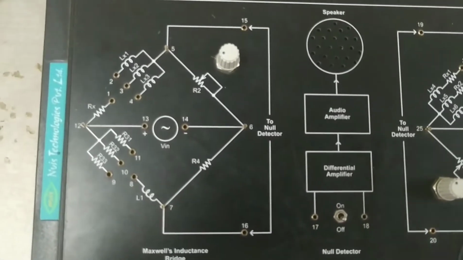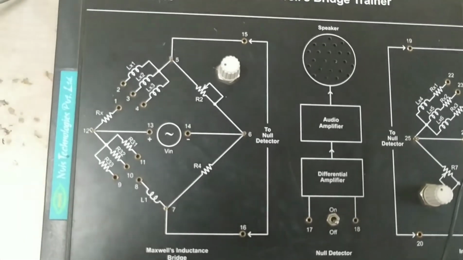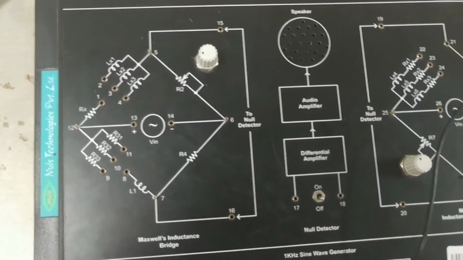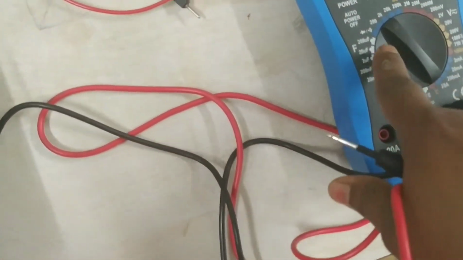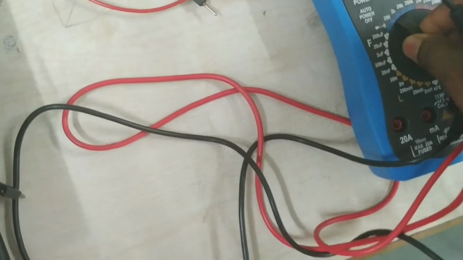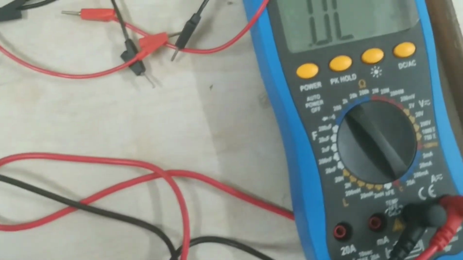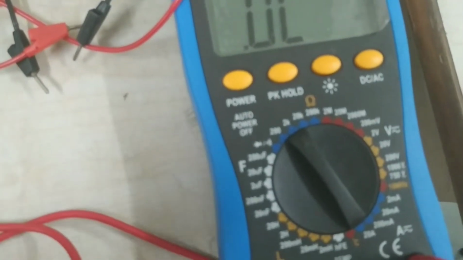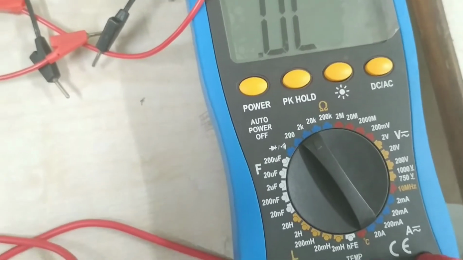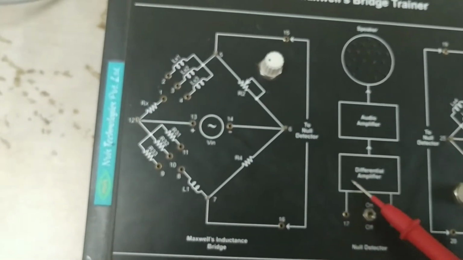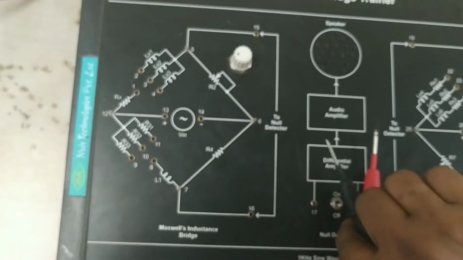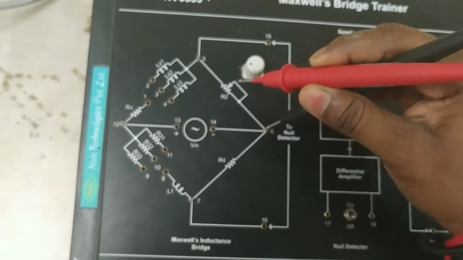Take the value of R2 using the multimeter. It is set in 2000 ohm or 2K. Next we have to take the reading by using the multimeter.